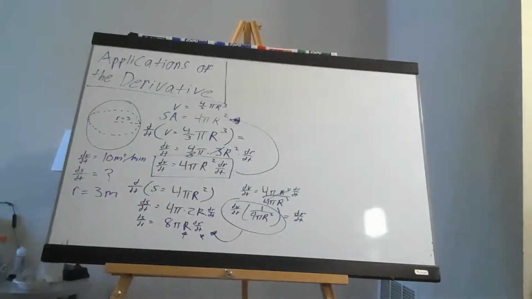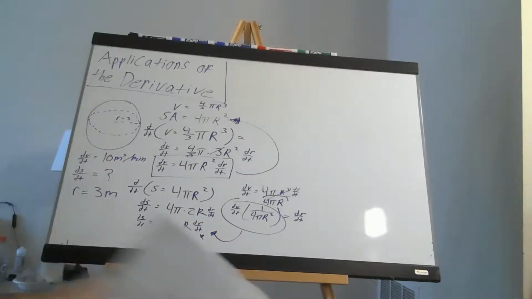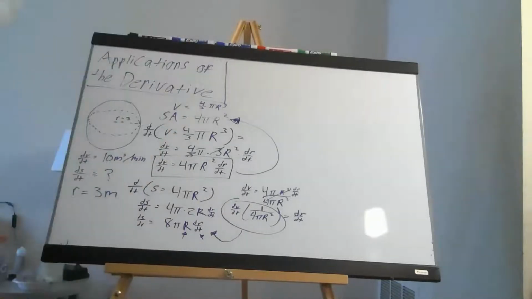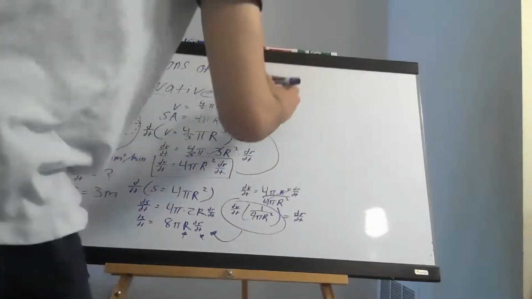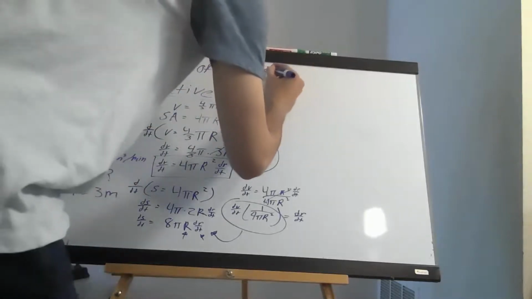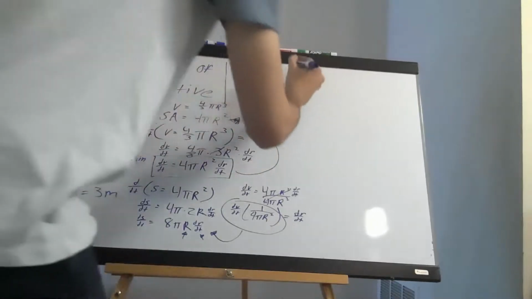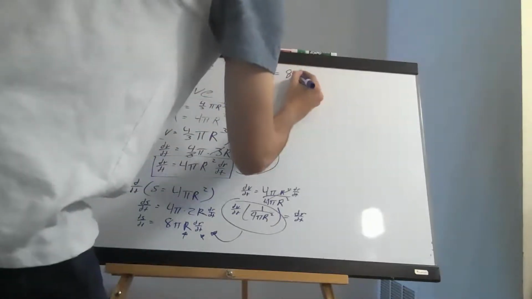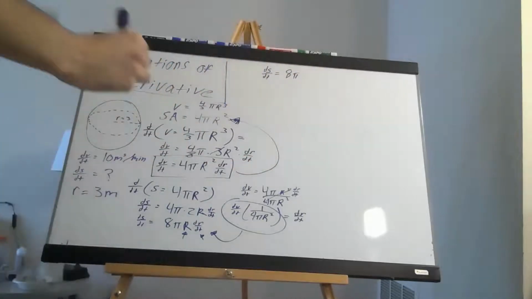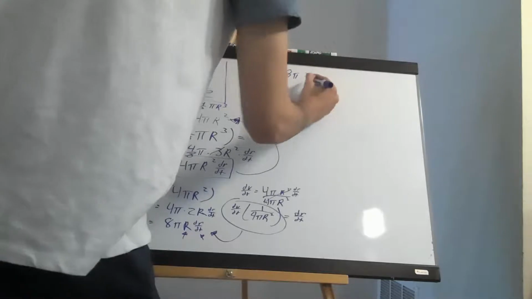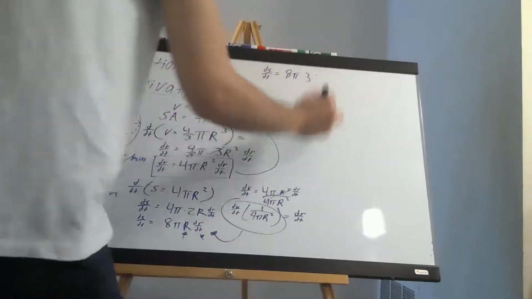So let's start doing that. I'm going to work that over here because I'm running out of room as it currently stands. So we've got dS/dt is equal to 8 pi times r, which is 3, times dr/dt, which we just solved for.